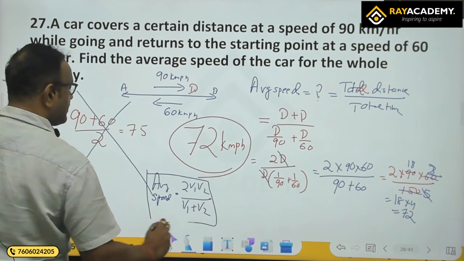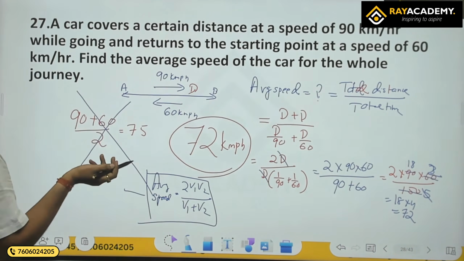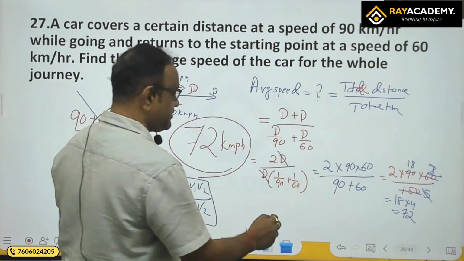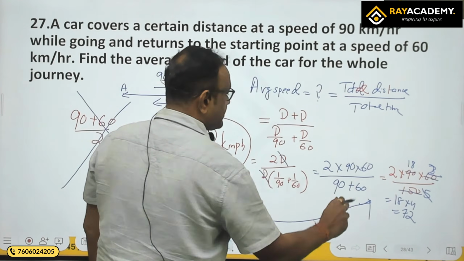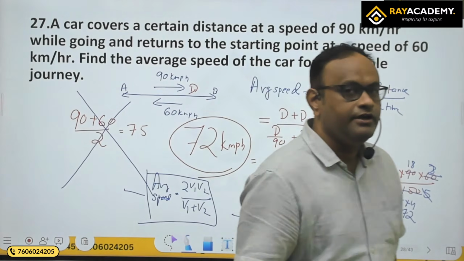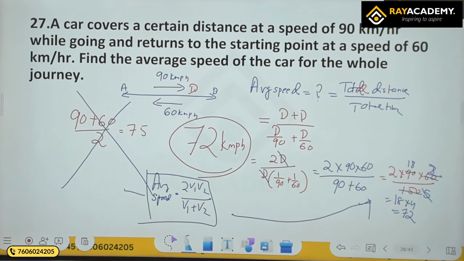This is the formula for this particular type of question only, where the same distance is covered going and returning. It is better you know the concept that average speed is total distance by total time, then you can solve easily. But for the same type of question, you can directly use 2v1v2 divided by v1 plus v2. So this was a question from time, speed and distance.